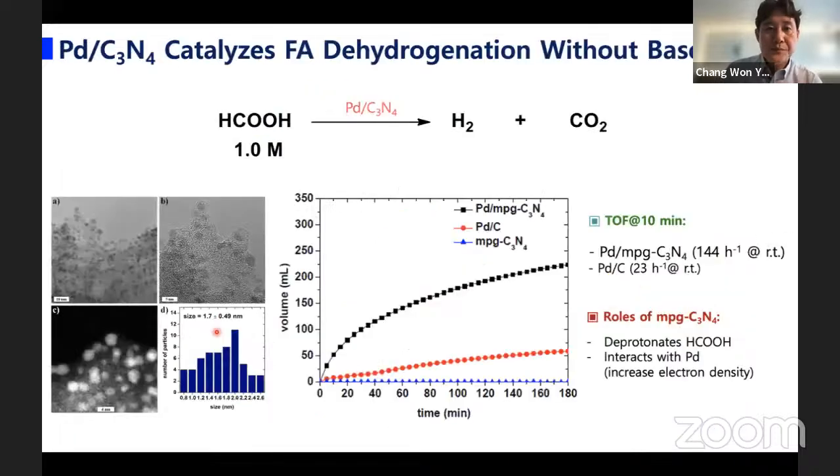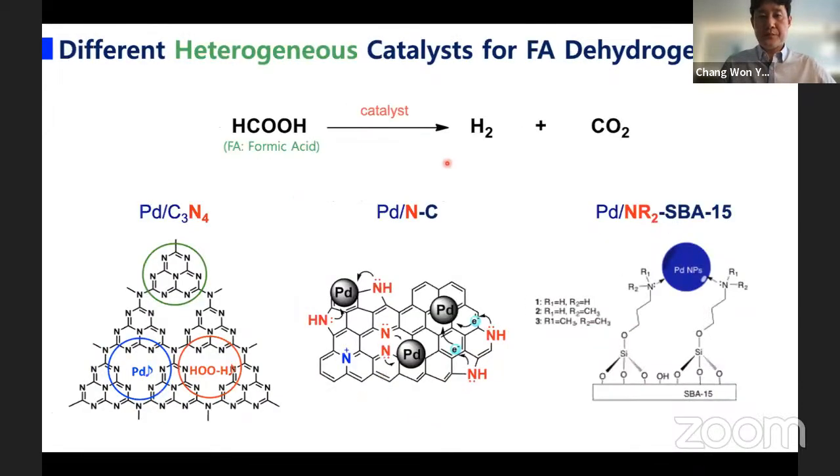So we developed a nano catalyst based on this concept and produced palladium supported on carbon nitride. As you can see here, compared with palladium supported on carbon, our developed catalyst shows much higher reactivity. The support itself shows no reactivity for formic acid dehydrogenation.